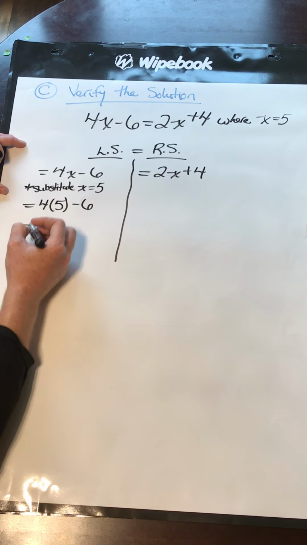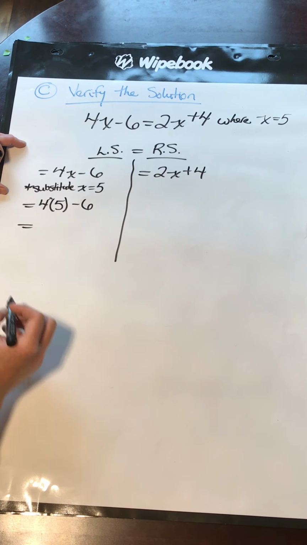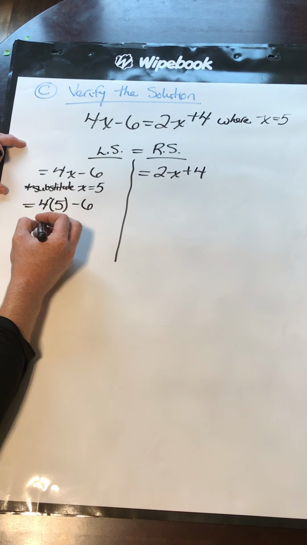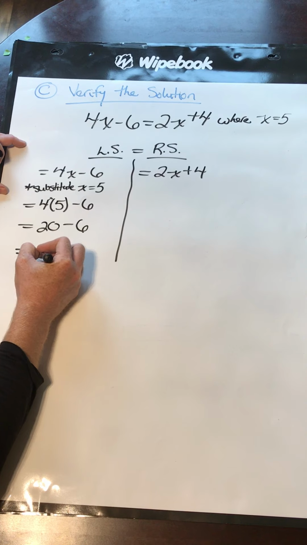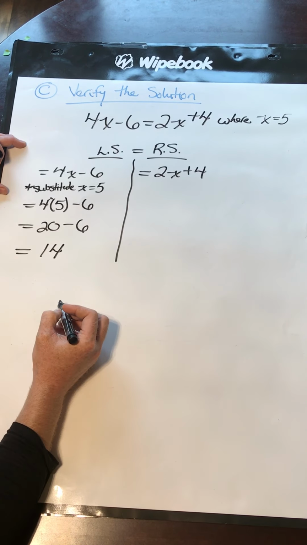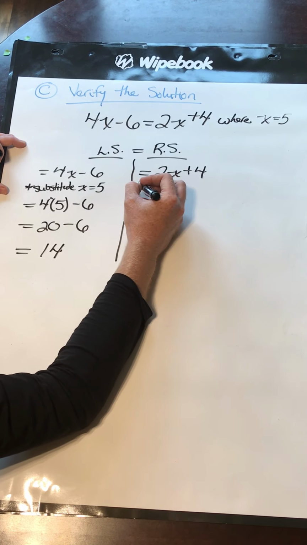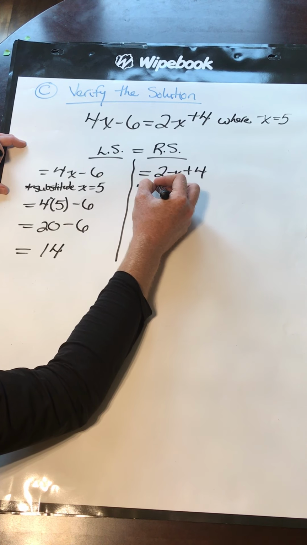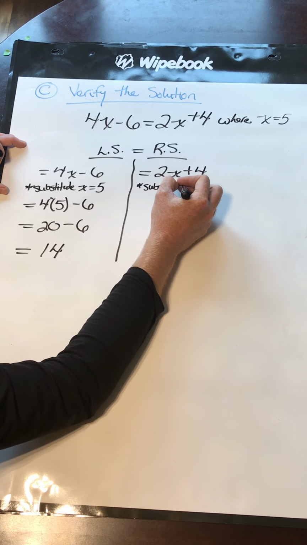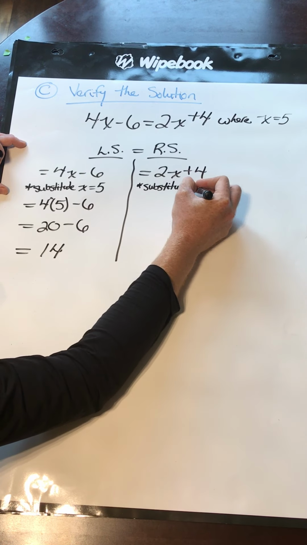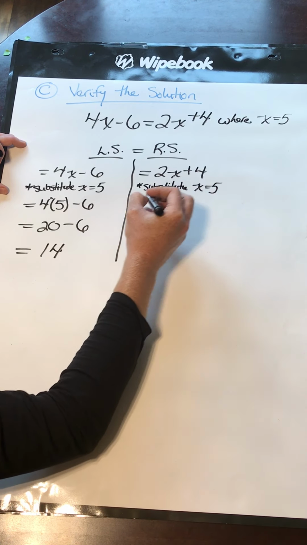Again, these brackets mean that there's an itty bitty times in there. So it's 4 times 5 is 20 minus 6. 20 minus 6 is 14. On the right side, again, I'm going to substitute in x is equal to 5.